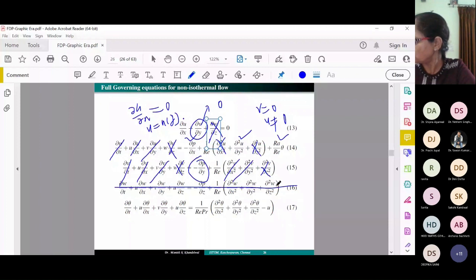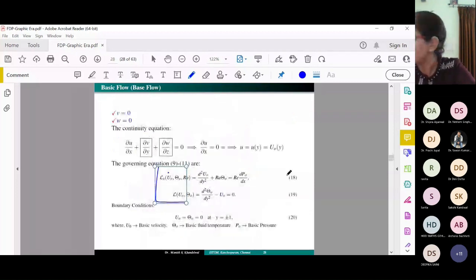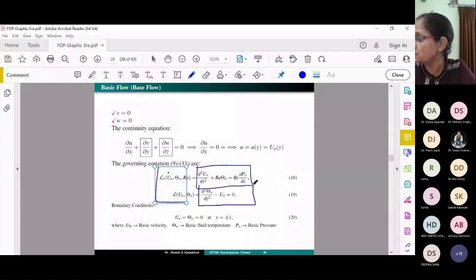So based on this, I apply all my assumptions and I get the final equations. This operator is used for something else, but I get this type of equations, and that is called the basic flow. This is my basic flow for a channel problem, for a heated channel under certain heating conditions.